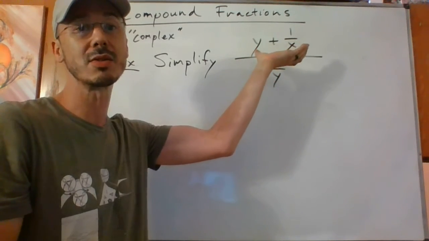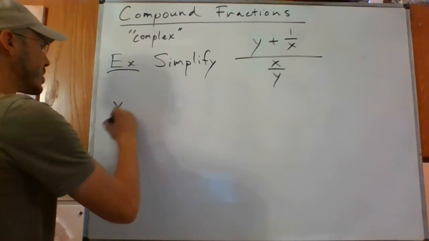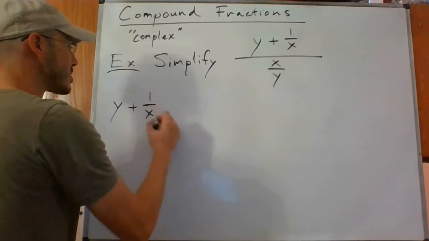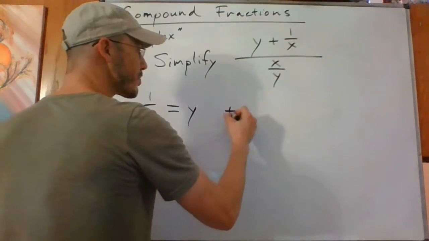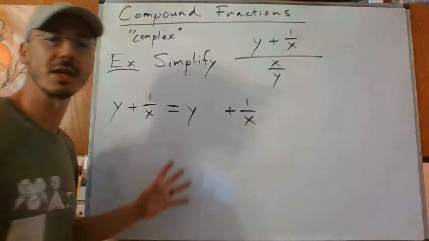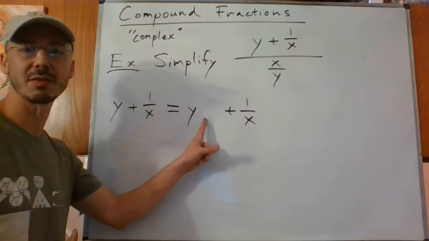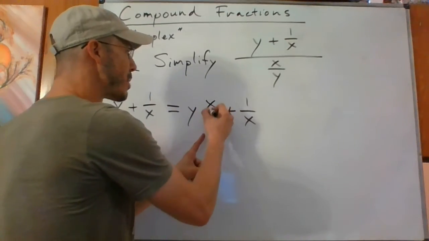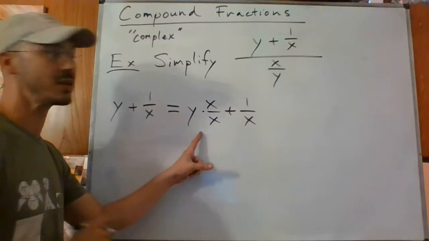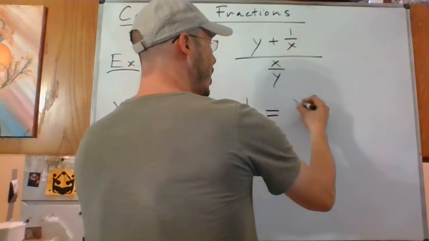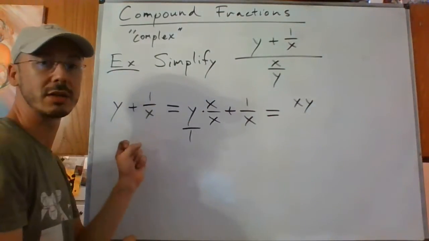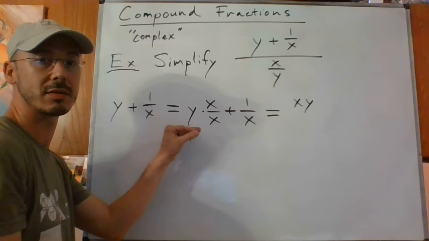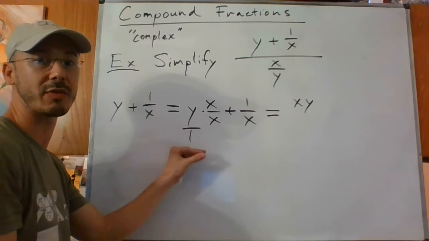I want to make this into a single fraction. So let's isolate y plus 1 over x and write that as, it's really one step to do this. I'm just leaving some space here. I need to multiply by x over x to get xy, because y as a fraction is y over 1.